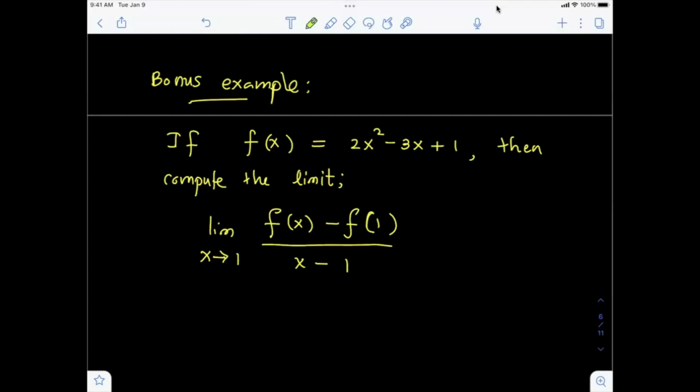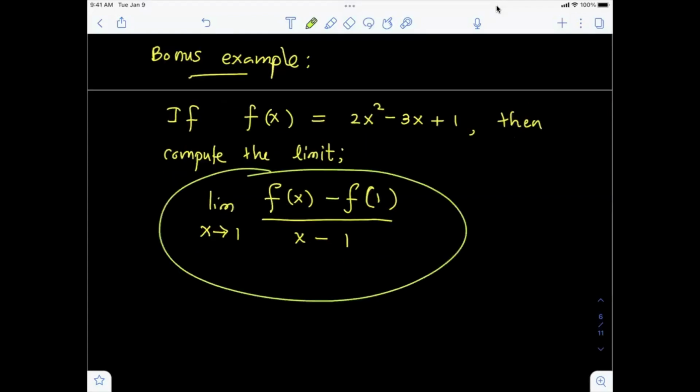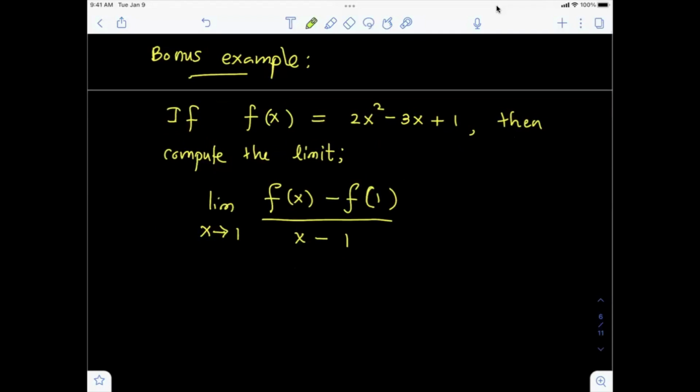And soon you will see these kind of problems, especially this term that you see here. The form of this kind of a limiting problem has a continued significance in our conversation.